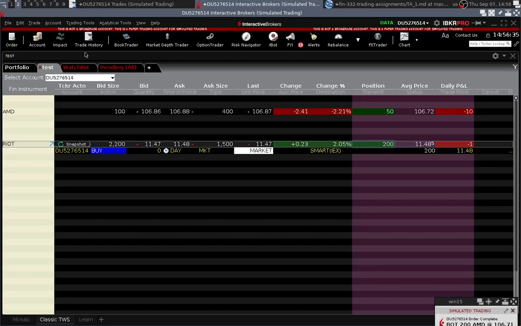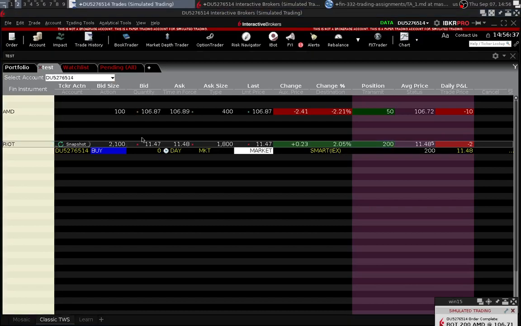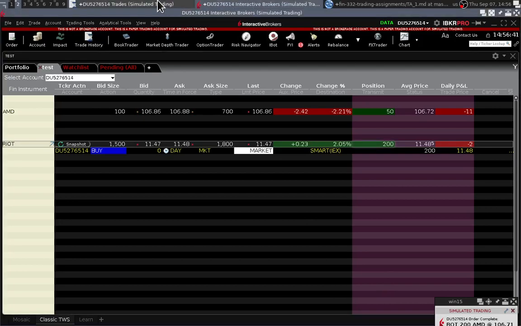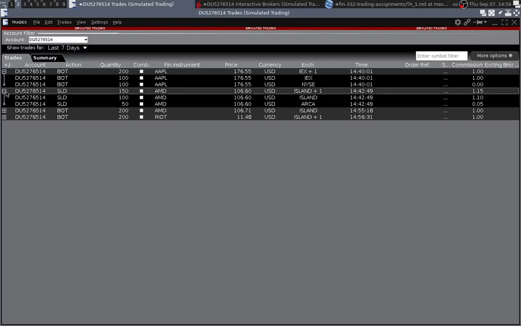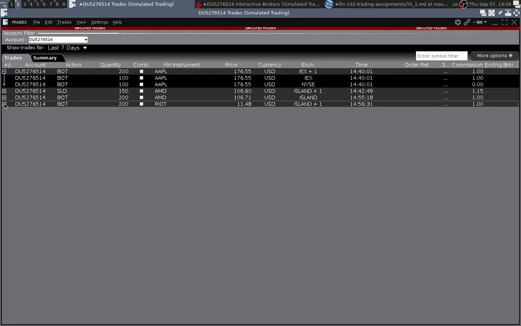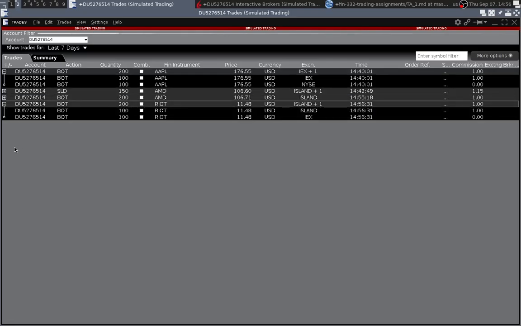You can go note that you can see your trades in this here. And this actually shows me where I shorted AMD previously. But we're just going to look at this Riot Blockchain. So here's my order.